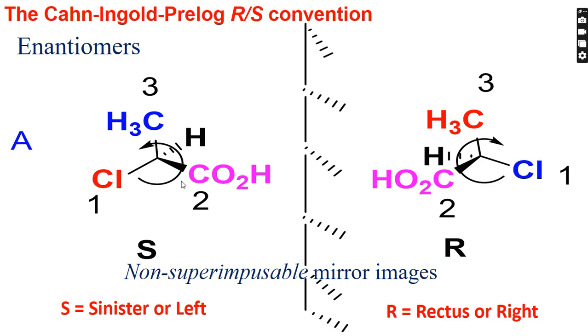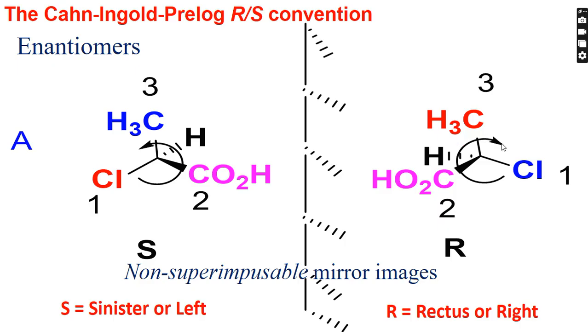When you take the mirror image of the same compound, you can see it is a complete mirror image of the first molecule. The tetrahedral carbon is attached to chlorine, CH3, CO2H, and hydrogen. Chlorine gets the number 1 priority, CO2H number 2, CH3 number 3, and hydrogen number 4. If you follow the priority order, it goes in the clockwise direction, so the name is rectus.